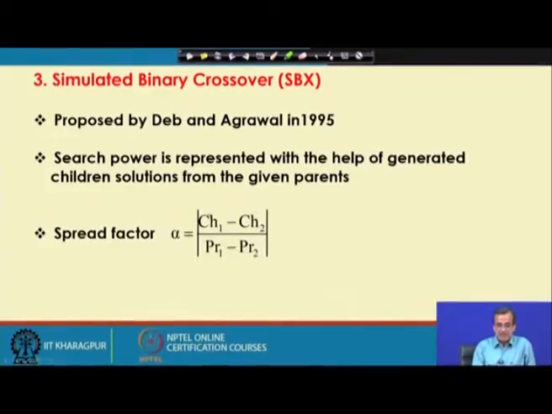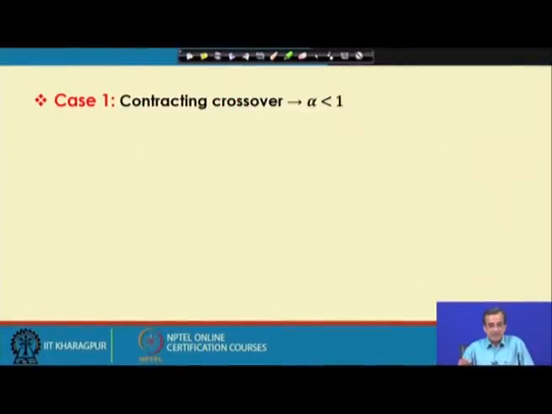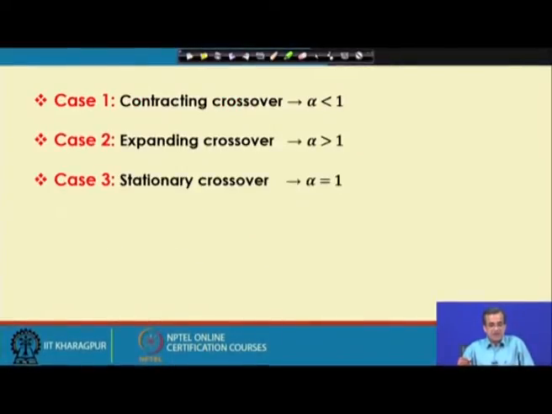We divide them and consider the mod value, and that is the spread factor denoted by alpha. Depending on the value of alpha, the crossover operators are called contracting crossover, expanding crossover, or stationary crossover.